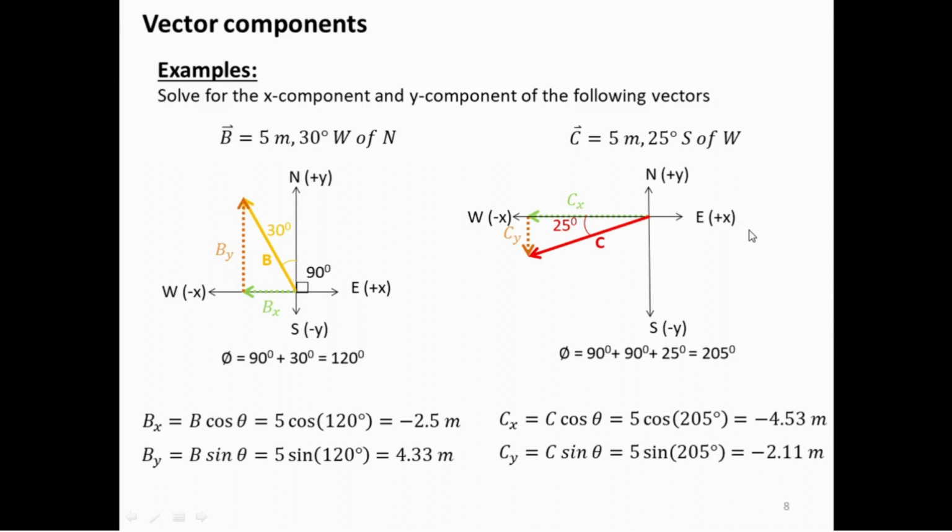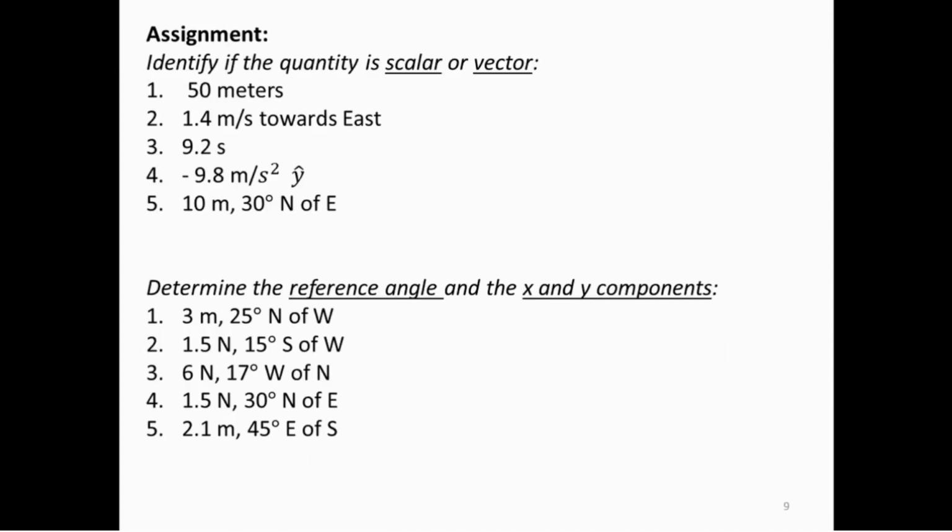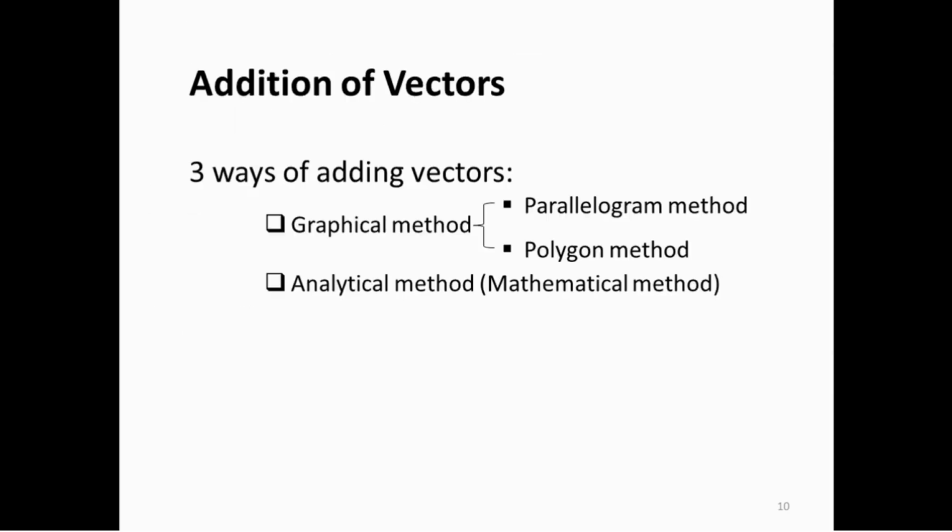Now, here are some examples as well, and this was given to you as an assignment, so I hope you have answered already. Now, let's go to the addition of vectors.